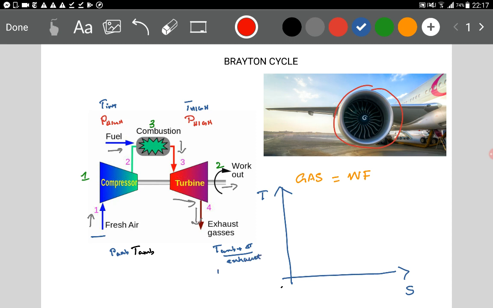And the pressure here is the pressure of ambient. You can have a higher pressure here, but in a closed gas cycle, not in an open air cycle.